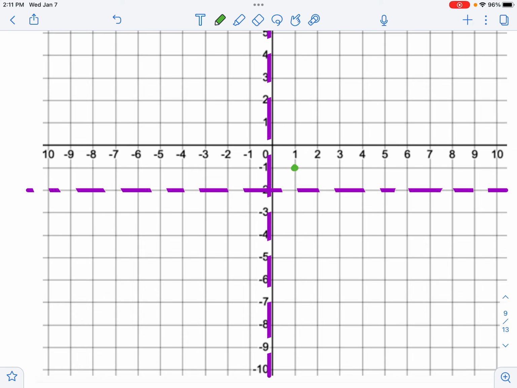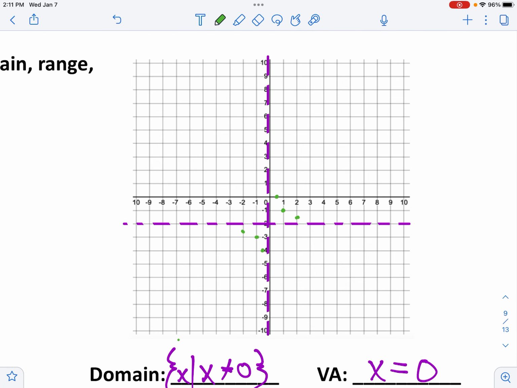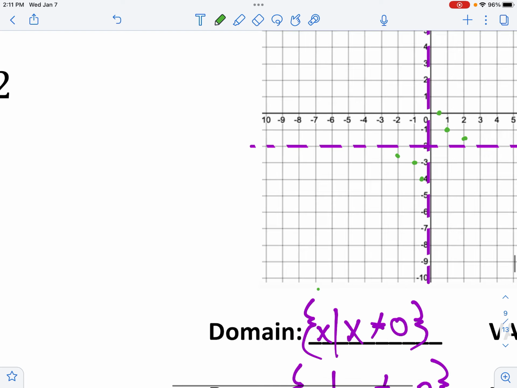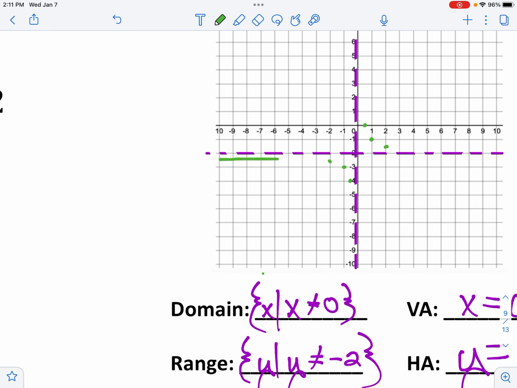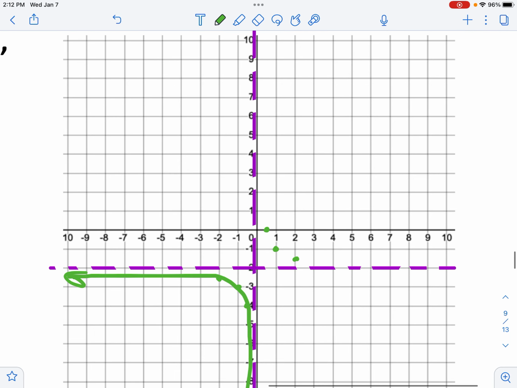If you do this again, it's basically like that, and then same thing over here. And then I just want to try to get kind of close to the asymptote lines. Do your best. It's a little tricky for me with the iPad to get a good line. Okay, and then, all right, we'll see how this goes.